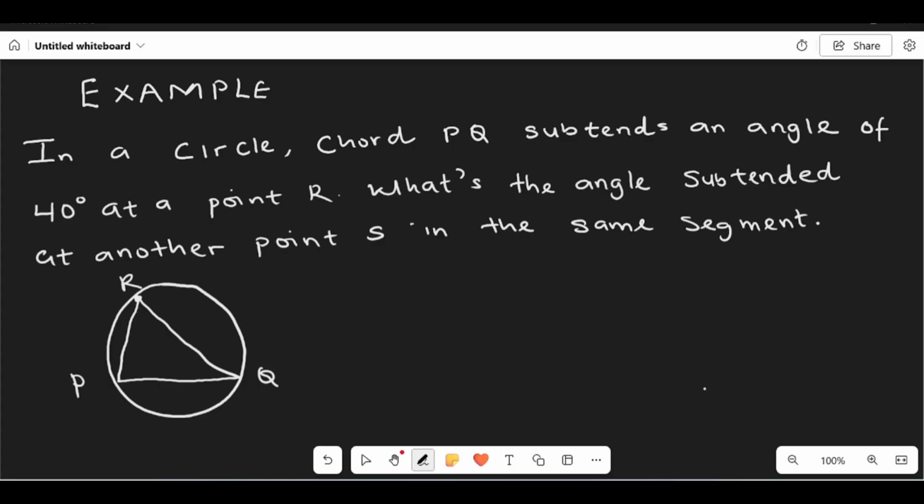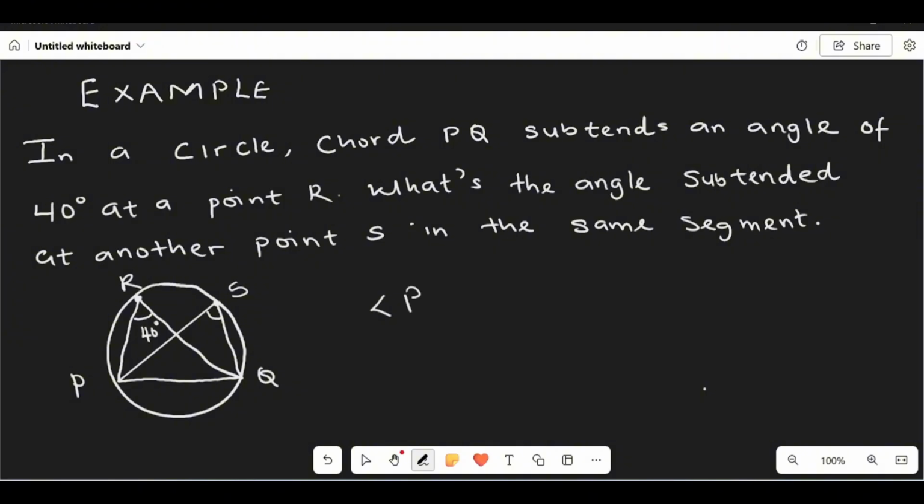And the angle is given to us to be 40 degrees. Also, another point X in the same segment. This is our point X. Let us join PX and XQ. And they ask us to find this angle. By using the concept of angle in the same segment theorem, we can say angle PXQ equal to angle PRQ.